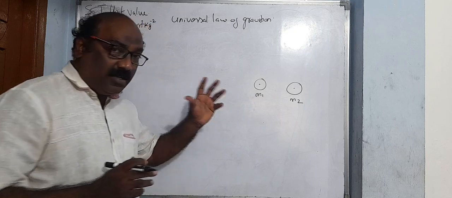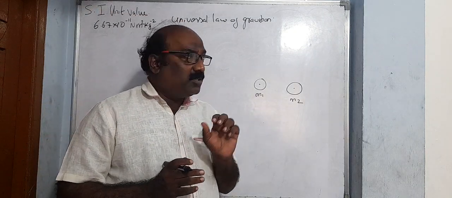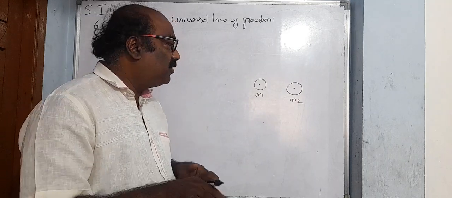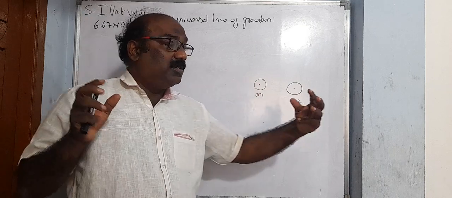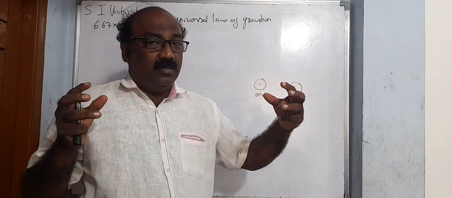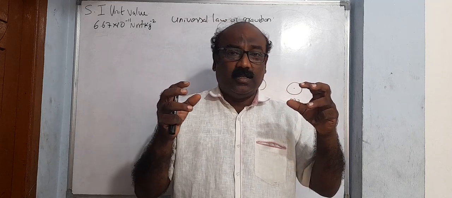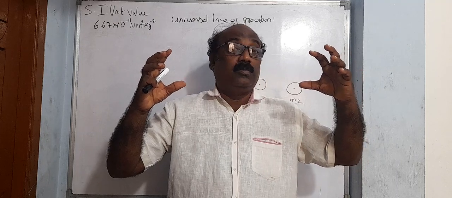So to make this understand, we are trying to give one example. This is for example, do not confuse with this law. This is for your example. Suppose we take two small size magnets. So we'll have attraction. If the magnet size is more, what will happen? Little more attraction will be there.